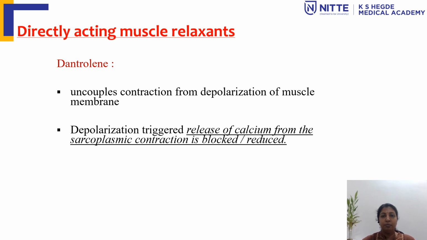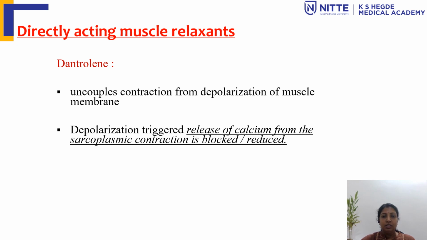So increased sodium influx will produce depolarization and initiation of action potential. That depolarization and initiation of action potential cause the excitation of the muscle, which produces release of calcium from the sarcoplasmic reticulum, which produces contraction.